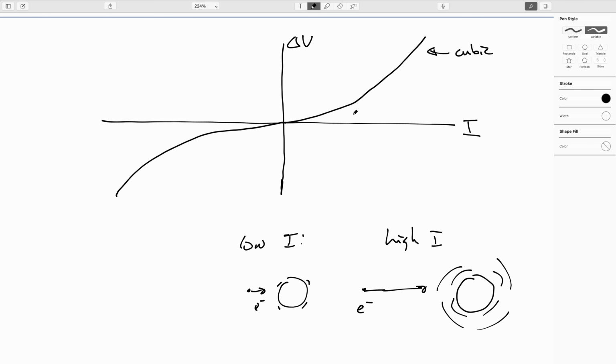So as we jack up the current, the voltage required to be applied across the resistor goes up disproportionately with the current. Like I say, it generally tends to follow a cubic sort of shape. However, within any cubic, there's a region near the origin where this looks linear enough. So we'll say this is nearly linear.